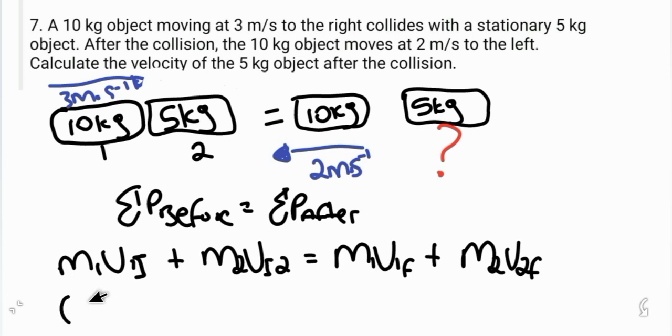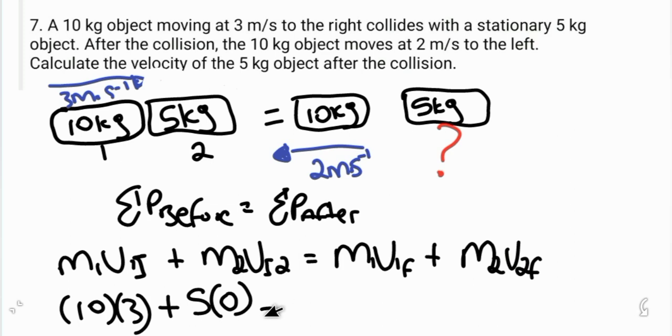Mass of object number 1 is 10 kg times the initial velocity for object number 1, which is 3 meters per second to the right. Now object number 2, this 5 kg block, was stationary before it collides with this 10 kg block. Then that means this object was not moving. The initial velocity is 0.